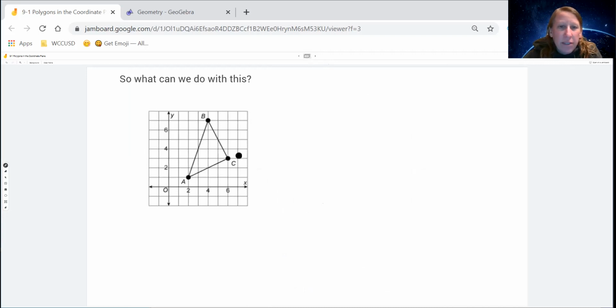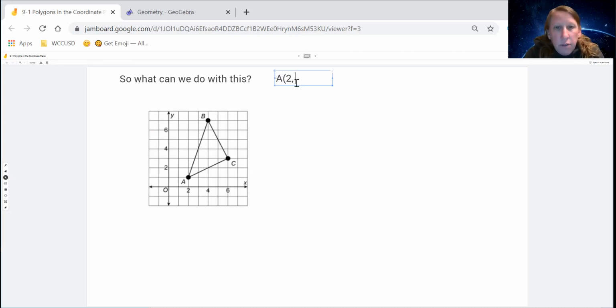All right, so once we put this triangle on the coordinate plane, what can we do with it? Well, instead of just saying we have a triangle and we might be able to measure it, we can actually use the coordinates to do algebraic manipulations. We can plug them into some formulas and they can tell us some stuff.